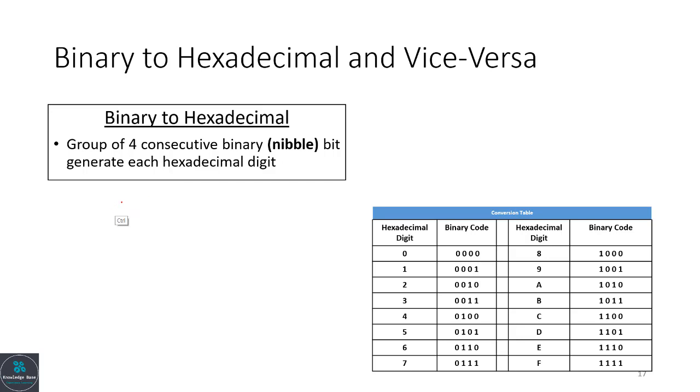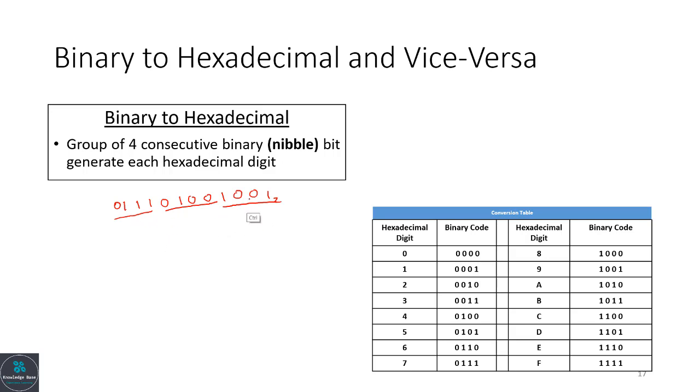Let us take another example. Suppose the number is 11101001001 in binary. Make groups of 4. This is one group, this is one group, and we do not have enough bits, so we pad with 0 at the leading end.